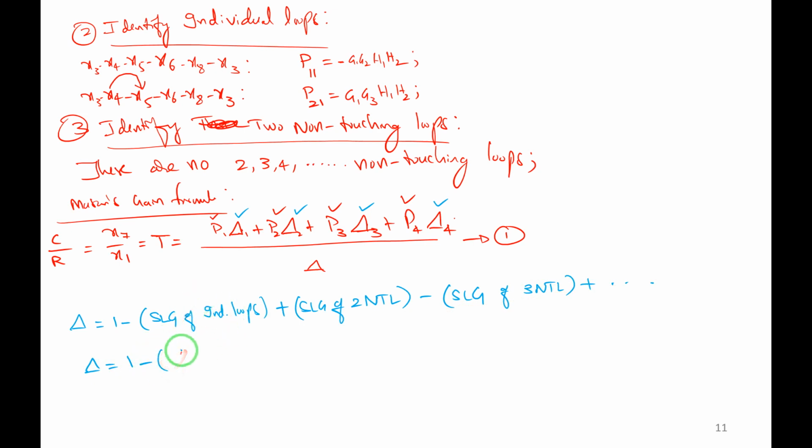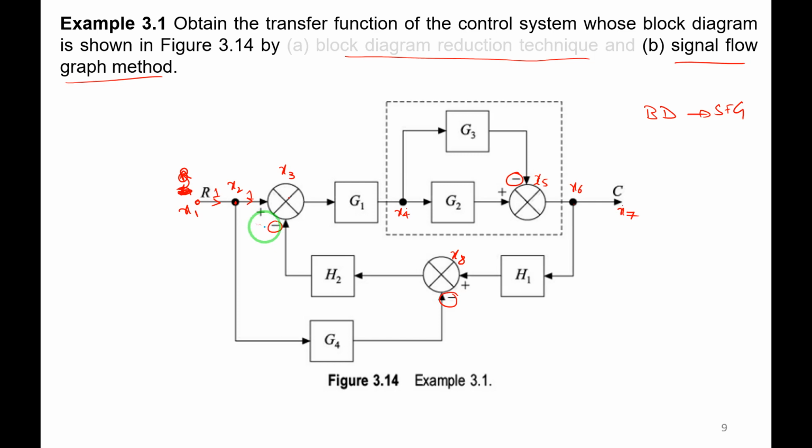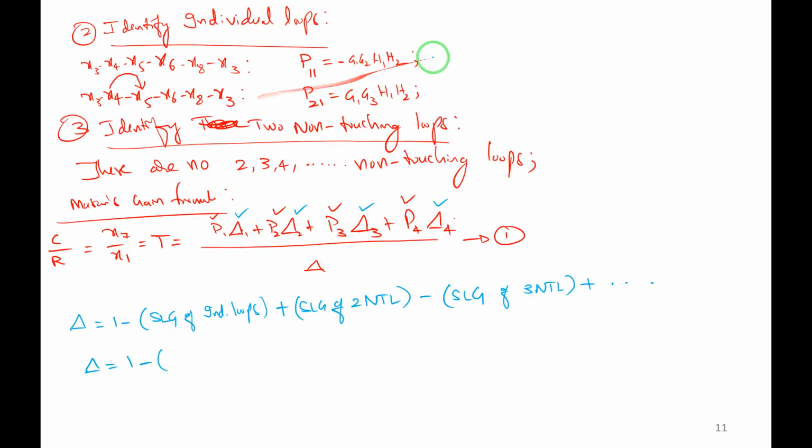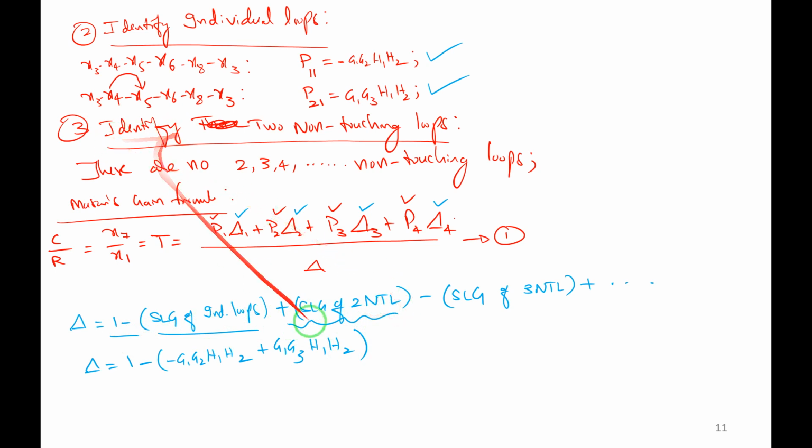We will open the bracket and add all the loop gains of individual loops. The first loop gain is minus G1, G2, H1, H2. The second gain is minus G1, G3, H1, H2. Next, the sum of loop gains of two non-touching loops is not there, so it is 0.